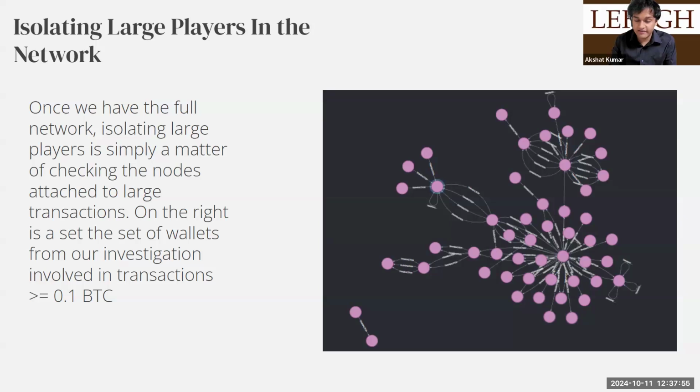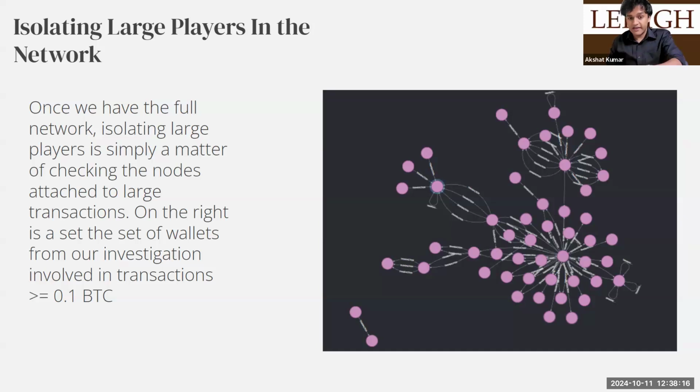To isolate wallets that are connected to transactions that are very large. So what you're seeing here on the right now are wallets that are tied to transactions greater than or equal to about 0.1 Bitcoin. So that would be about 6 grand, right? Which is a sizable transaction, right?